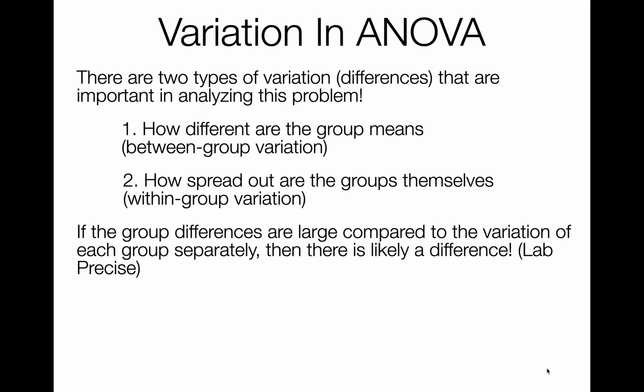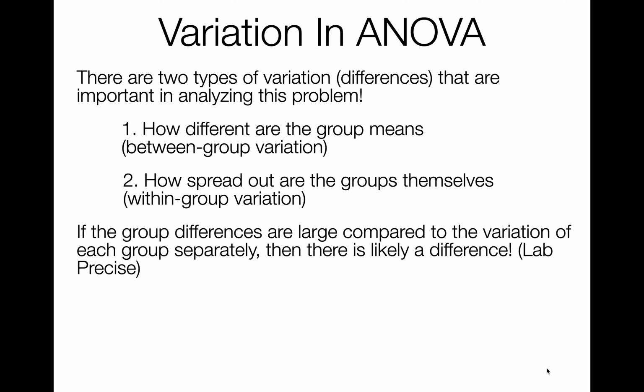If the group differences are large compared to the variation within each group, then there's likely a difference. And where have we seen that before? That's the Lab Precise picture.